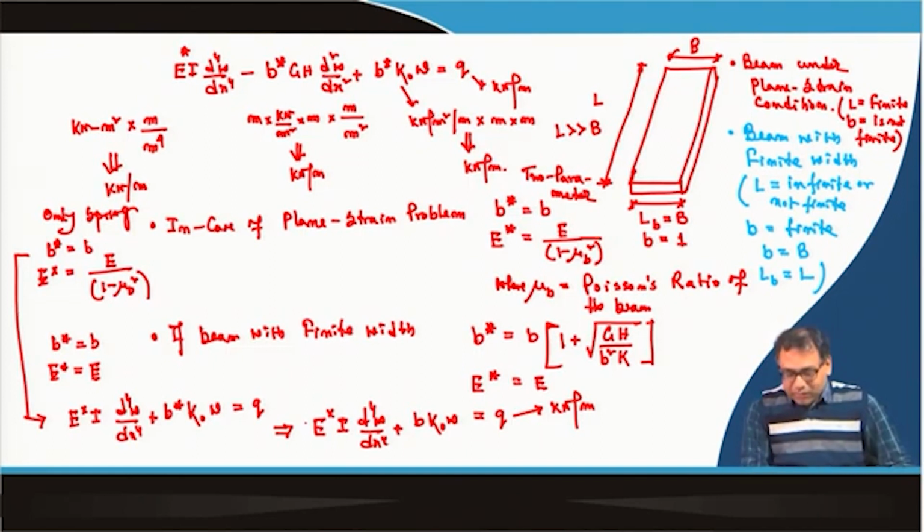Clear? So, you have to remember that this is the general equation for a beam resting on the 2 parameter model, and then how to convert E star and B star depending upon which condition you are analyzing your beam. Okay?